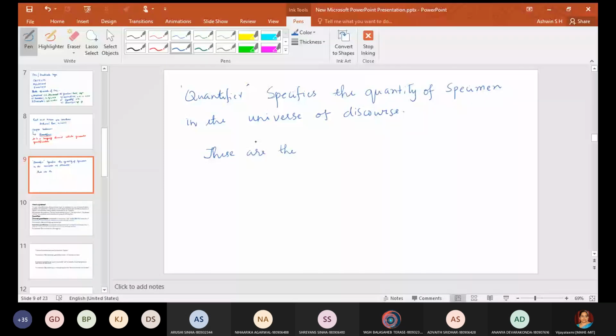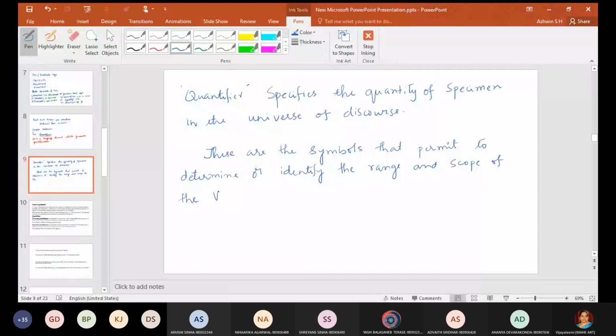So these are the symbols that permit to determine or identify the range and scope of the variable in the logical expression.